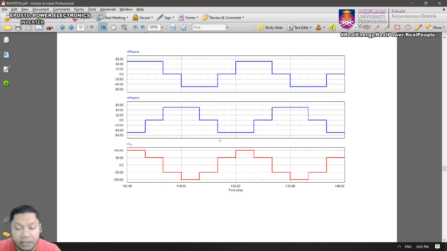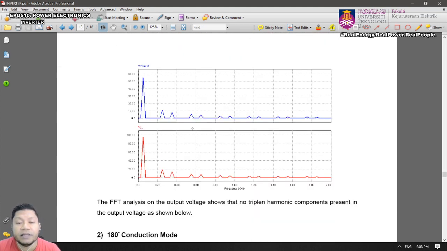So that is 120 degrees, and when we look at the harmonic spectrum, we're going to see that phase 1 and phase 2 both have the same harmonic spectrum. Of course the amplitude will be different, but the harmonics for both phase 1 and phase 2 will be located at the same harmonics, which is the fundamental. This is the first.